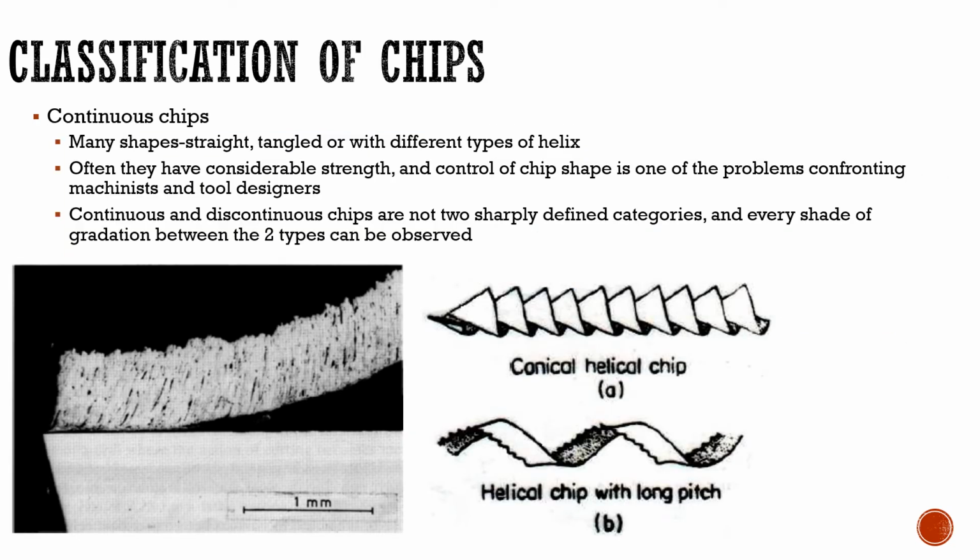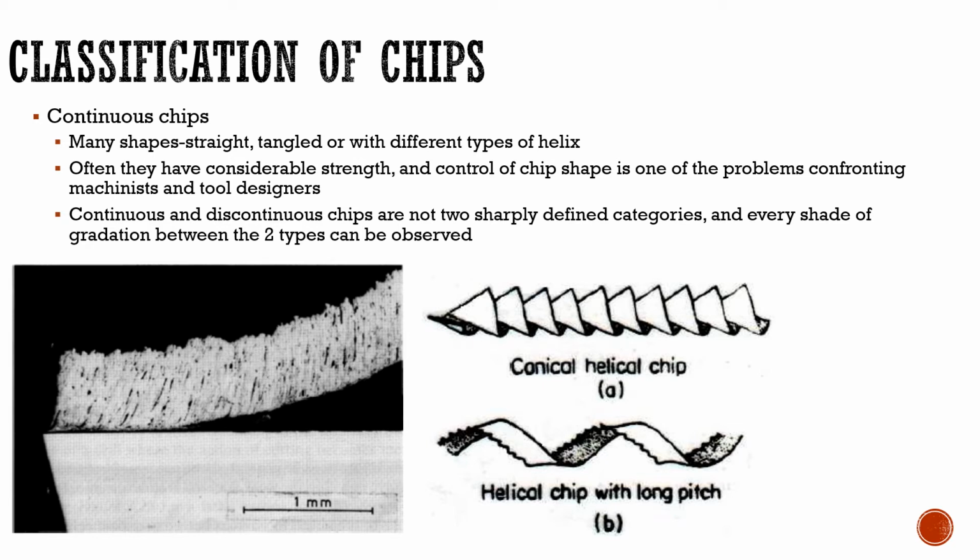Continuous chips may adopt many shapes. They can be straight, rectangular, or with different types of helix. Often they have considerable strength, and control of shape is one of the problems confronting mechanics and tool designers.